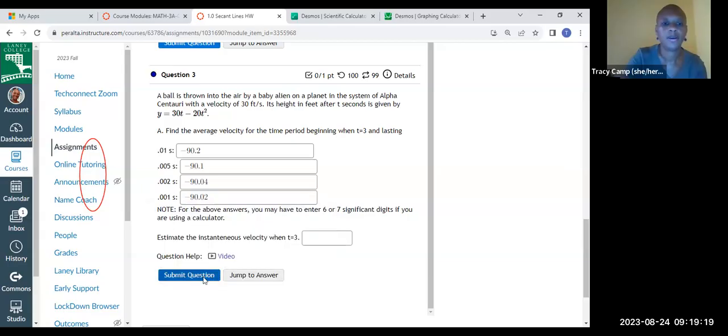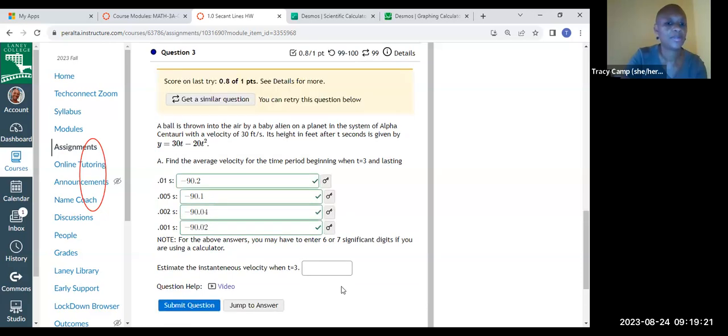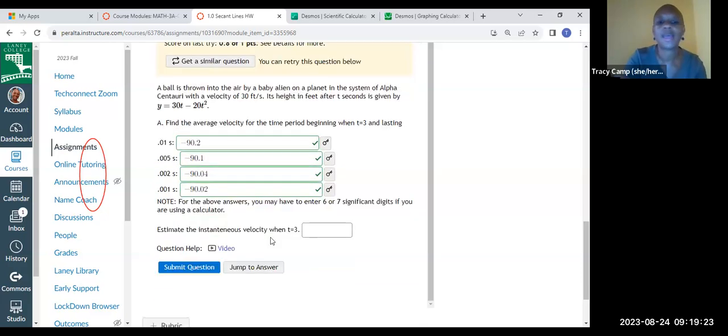See, so far so good. Yay. And then estimate the instantaneous velocity when t equals 3.